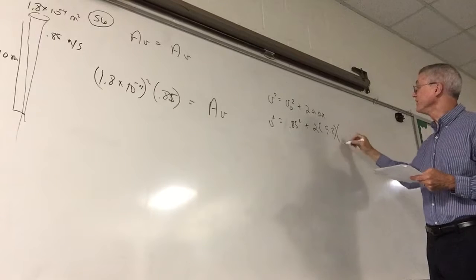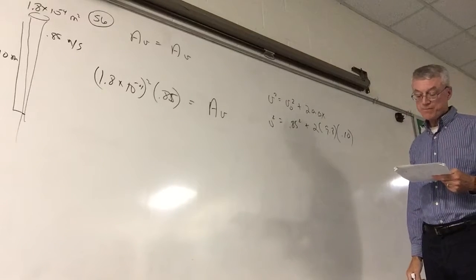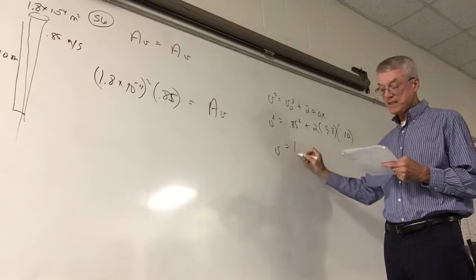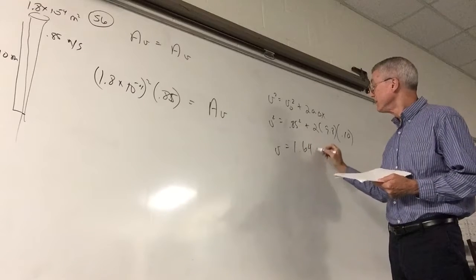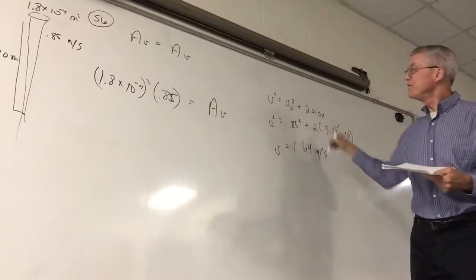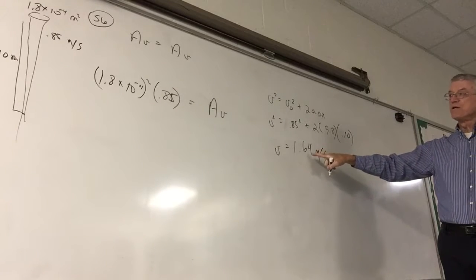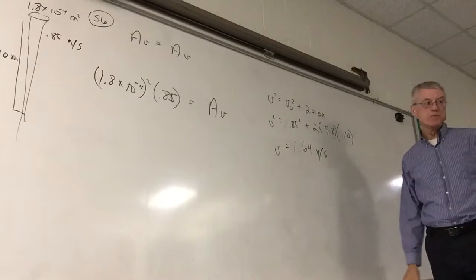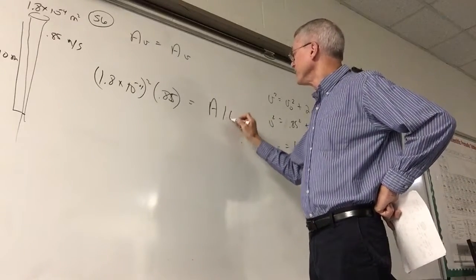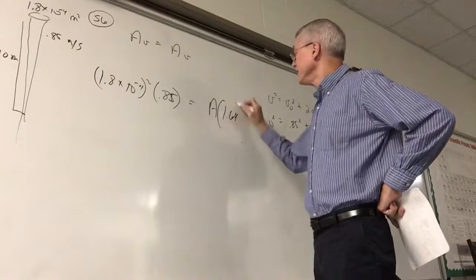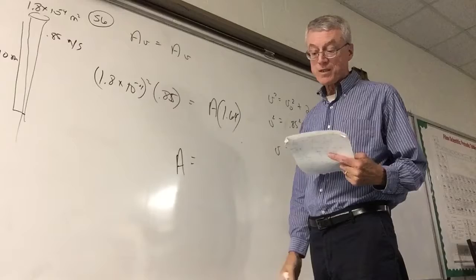Just make everything positive. And 0.1. And when you solve that for final velocity, I get 1.64, I think. So you had to go back to the Big 4 to find the speed of the water when it's fallen 0.1 meters. And that's the v here. So it's now 1.64, and you can solve that for A.